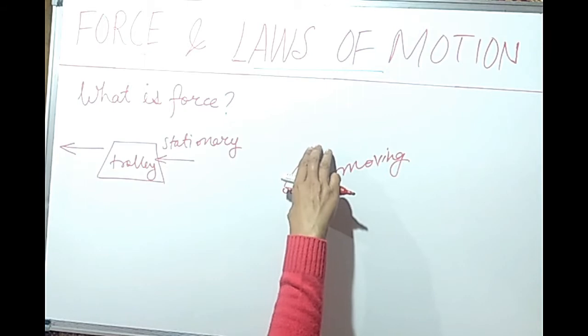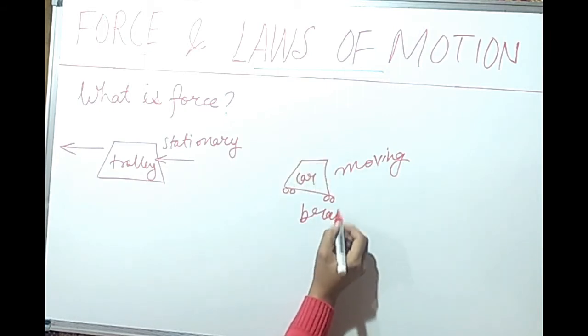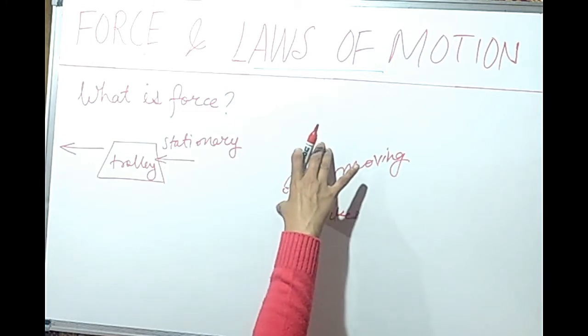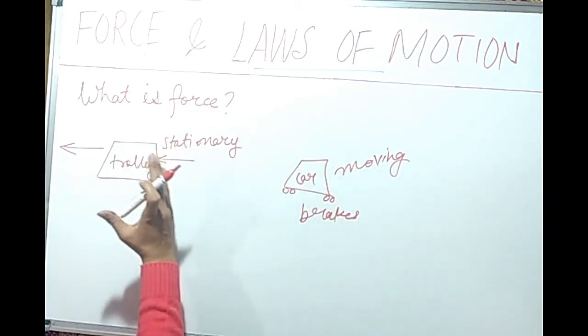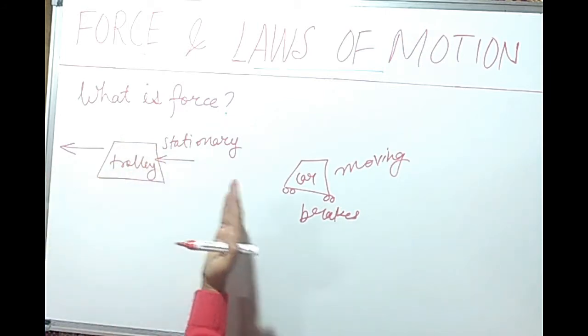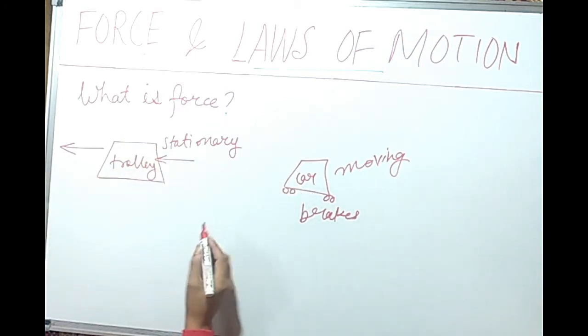To stop this car, we will apply brakes. That means we are applying some effort to stop this car. And in this case, we are applying some effort to move this stationary object. So, the effort we are applying in both these cases, that effort is called force.